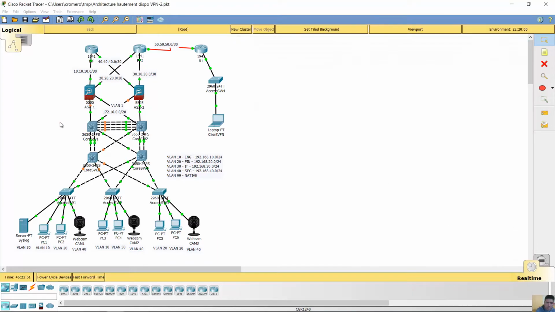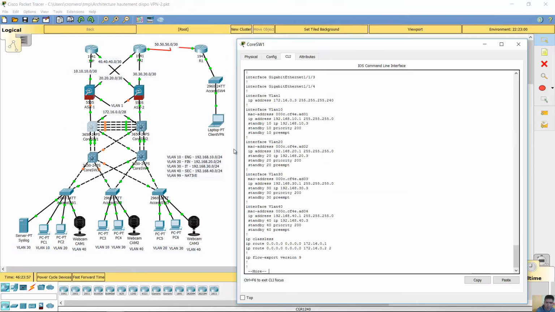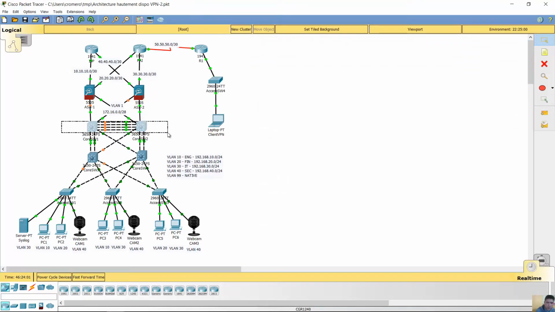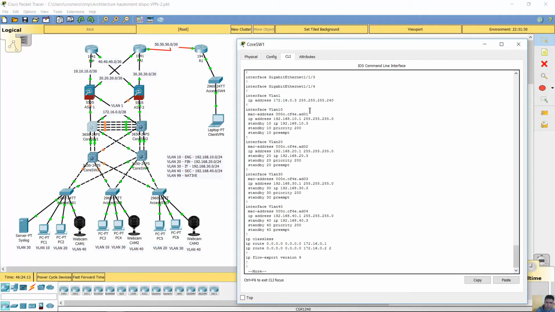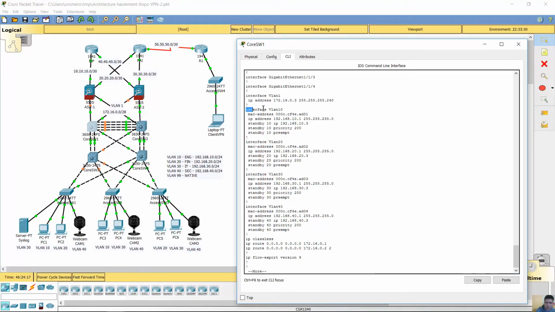But these are layer 3 switches acting like a router, and these two layer 3 switches are the gateway for the clients. These are the gateway for the LAN network. Here the 4 VLANs.